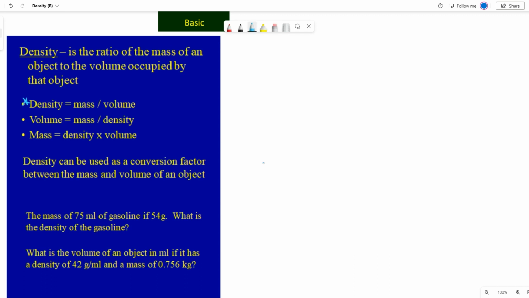All right, so let's see what information we're being given. We're being given a density of 42 grams per milliliter, and we're being given a mass of 0.756 kilograms. So we'll again write out the density is equal to the mass over the volume. What are we being given? We're being given 42 grams per milliliter, and that is our density.